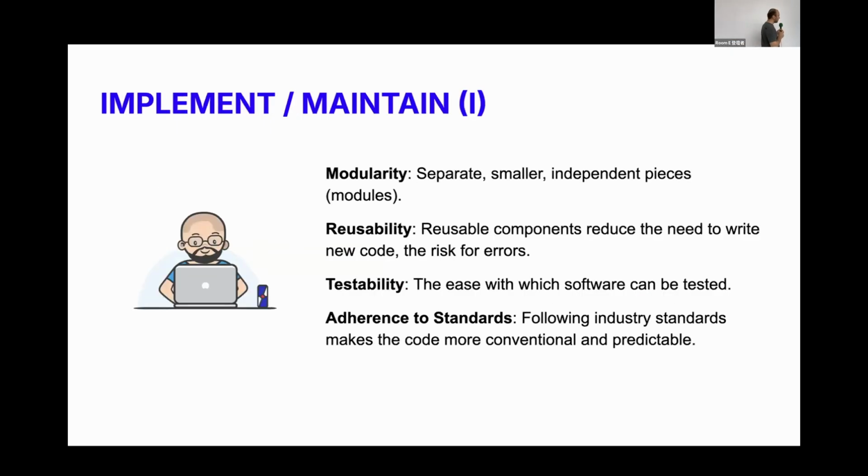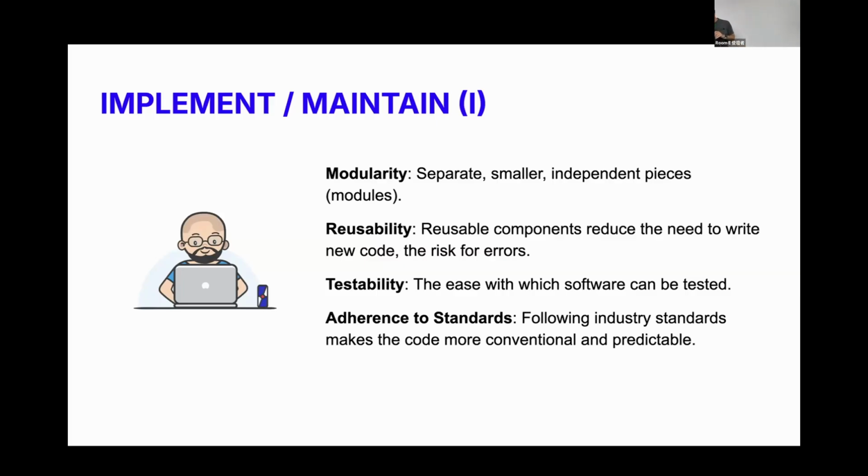Second usage, implementing. So we already discussed how easily I can add some new tests, right? What affects this perspective is modularity, like small pieces. Reusability, like there is written functionality, but can I reuse it? Because if I duplicate everywhere, duplication is one of the most important things which affect my maintainability, right?